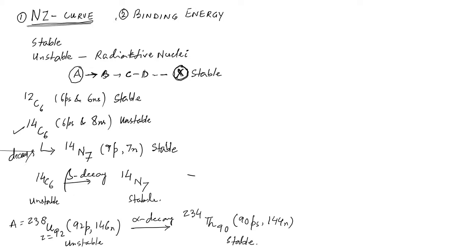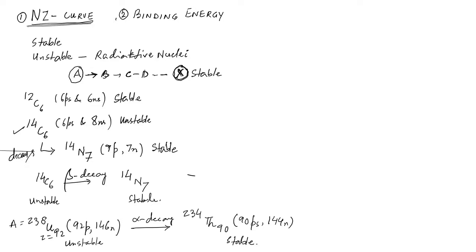So when we talk about nuclei, there are stable nuclei and unstable nuclei, which you know as radioactive nuclei, and the moment they come into existence, they decay via certain processes, and they keep on decaying until the final product becomes stable.